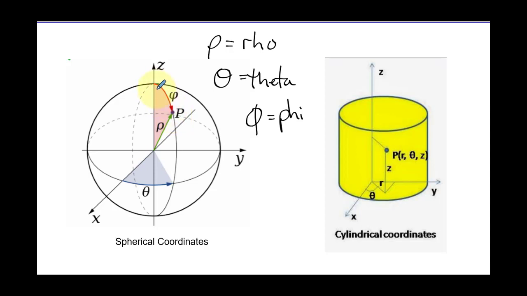It's basically the angle between the positive z-axis and the vector that points to the point P. So that angle phi will always be between 0 and 180 degrees, or 0 and pi. Alright, so with those three numbers we can locate this point in three-dimensional space using spherical coordinates.